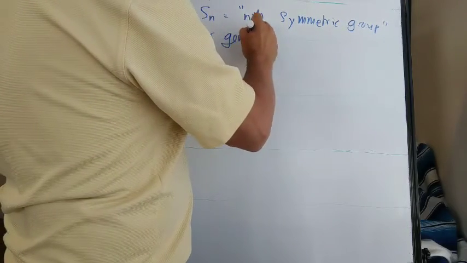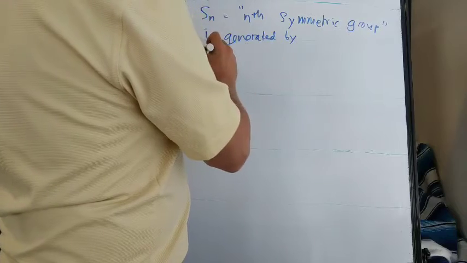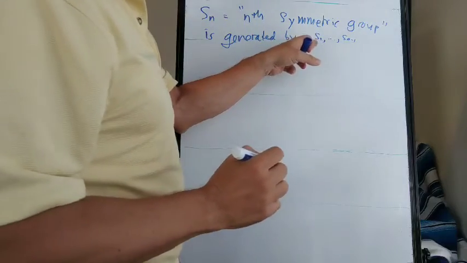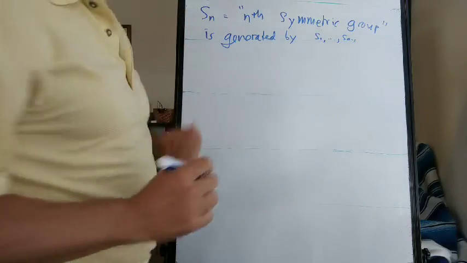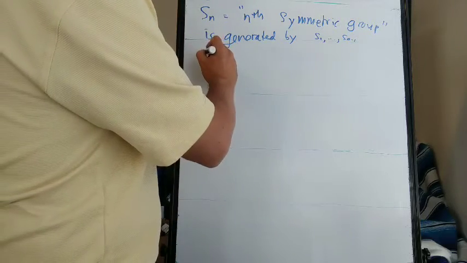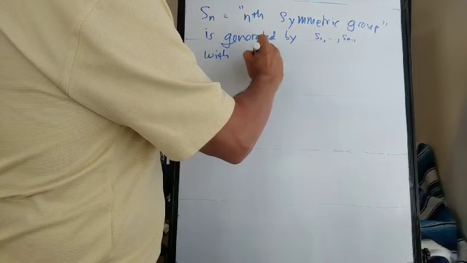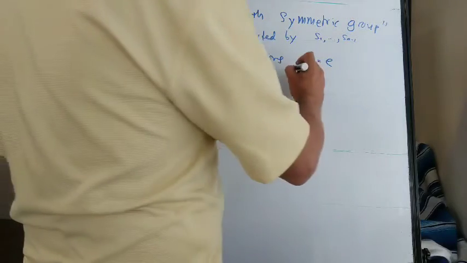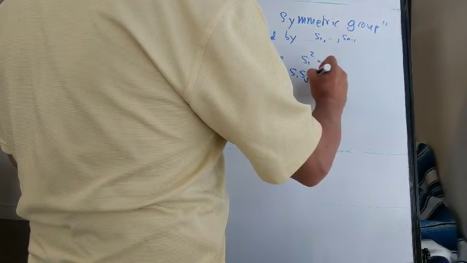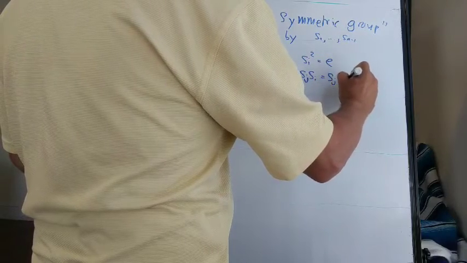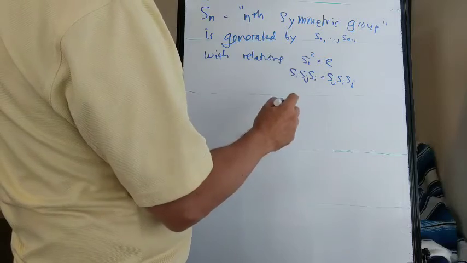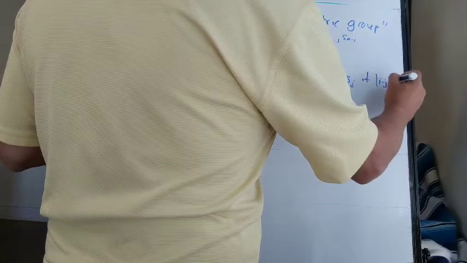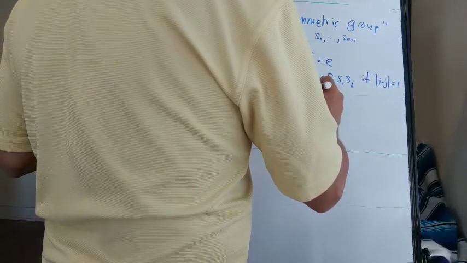This is generated by n-1 generators, S1 through Sn-1, that is little s1 through little sn-1, as opposed to big Sn, which is the name of the group, with relations: any generator squared is the identity, Si Sj Si equals Sj Si Sj if i and j are exactly 1 apart, and Si and Sj commute.